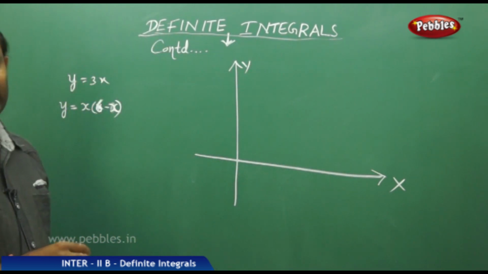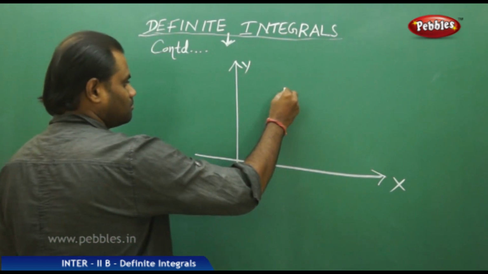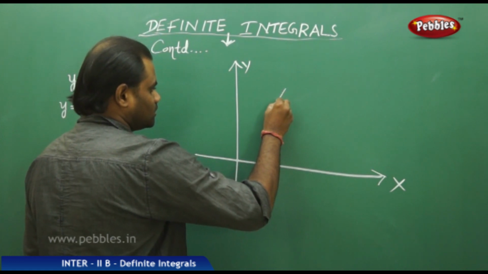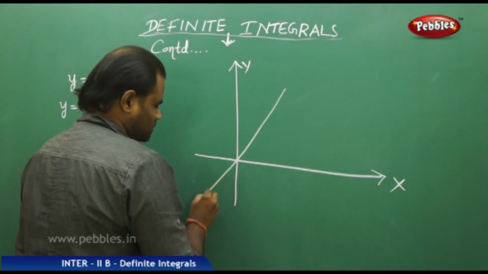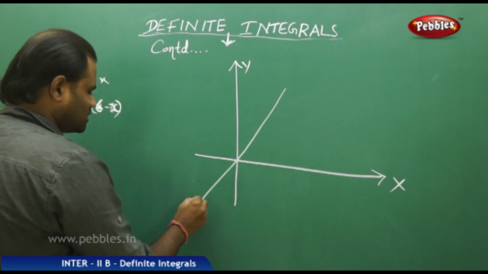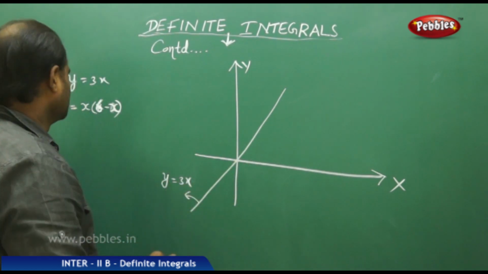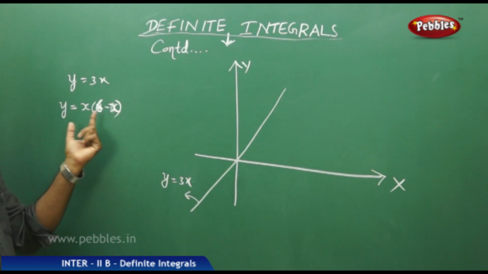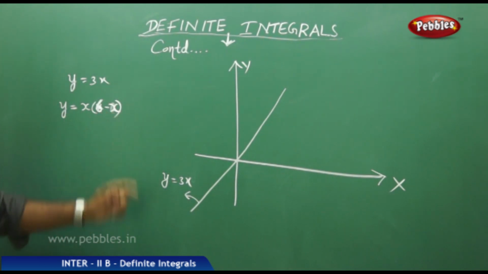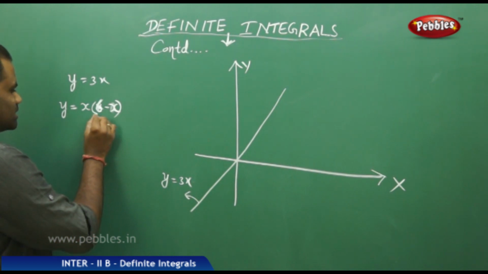Clearly, y equal to 3x is the line passing through the origin, is how it looks. So this is the curve y equals 3x.